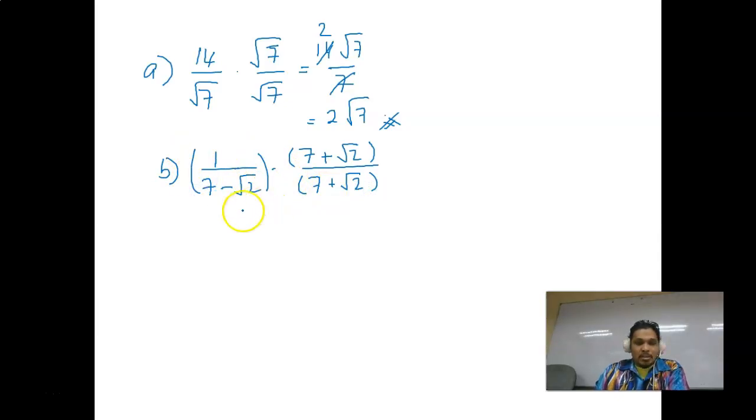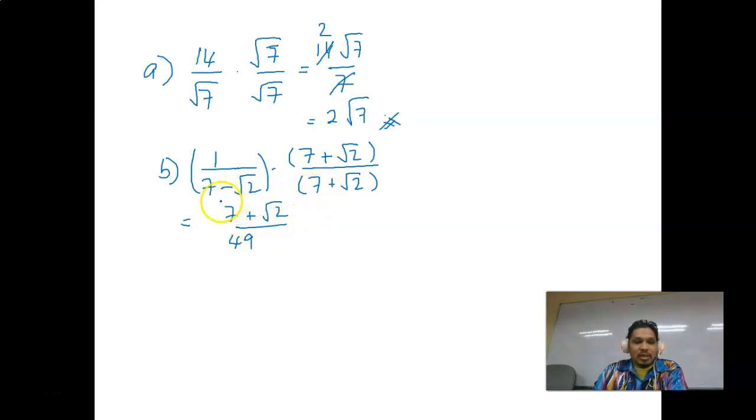Okay, so for this one here now, 1 multiplied with 7 plus square root of 2, we just copy it all again: 7 plus square root of 2. 7 times 7, 49. 7 times square root of 2 is positive 7 square root of 2. Negative this one here, multiply with 7, comes up with negative 7 square root of 2, so they cancel each other.